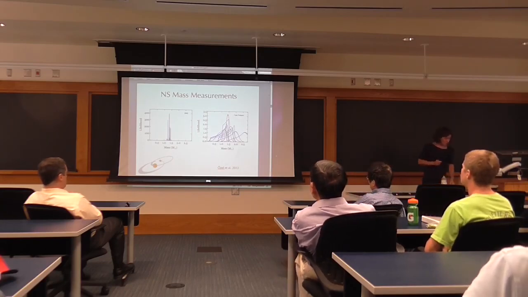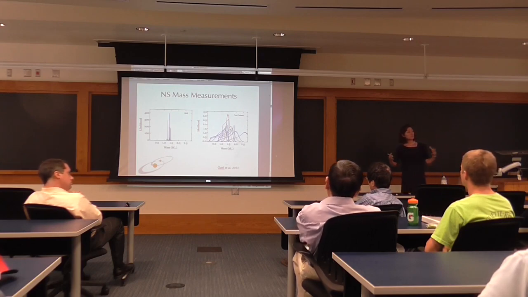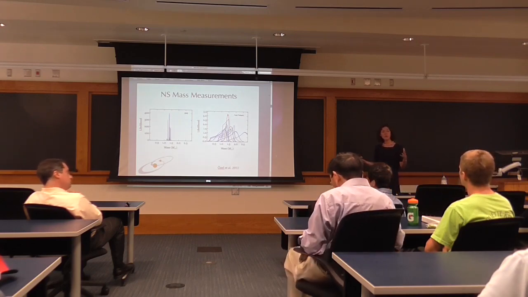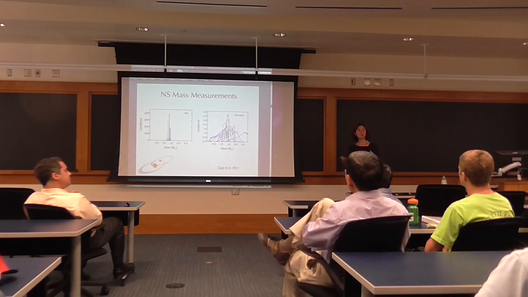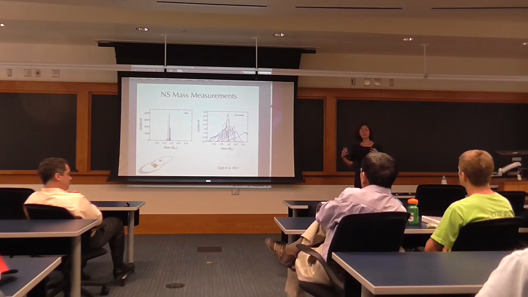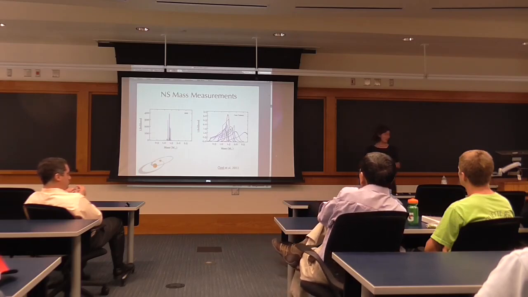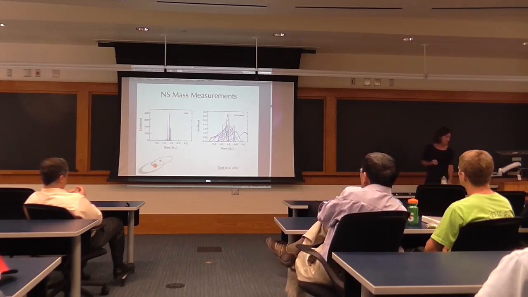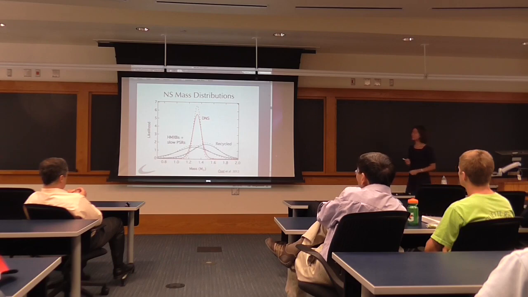Okay, so let's ask the same question. Given the observations, given these data, what are the most likely distributions for the entire population from which these sources could have come, given the uncertainties that we have in the measurements?